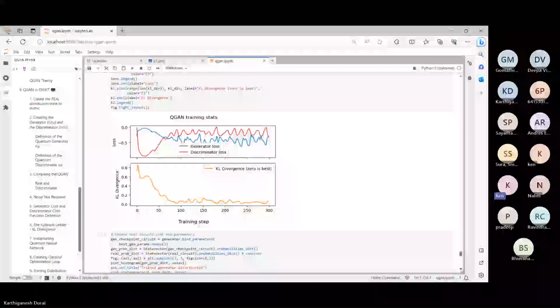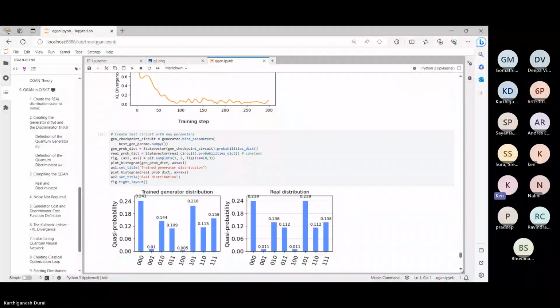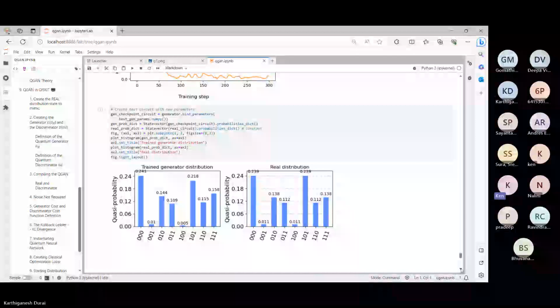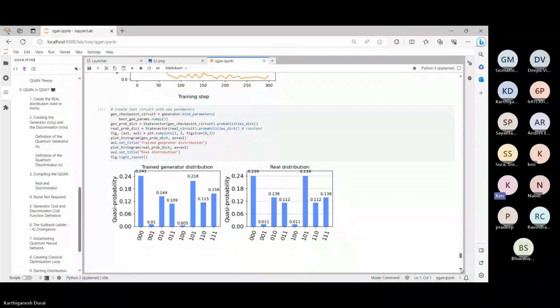Okay. And if you could scroll down now, we could see our trained generator distribution versus our real distribution. And this is very good. This is very impressive right here. Like beyond impressive, this is almost scary in some sense because it just highlights the potential that quantum generative adversarial networks will have, okay?